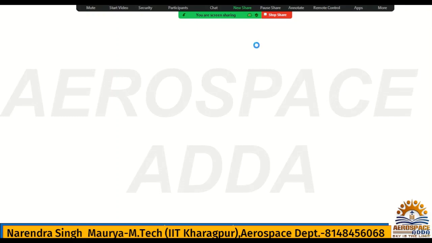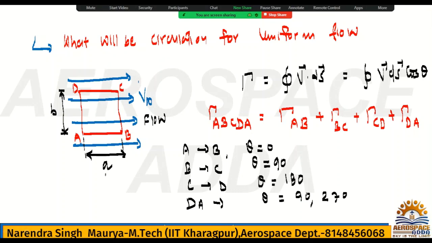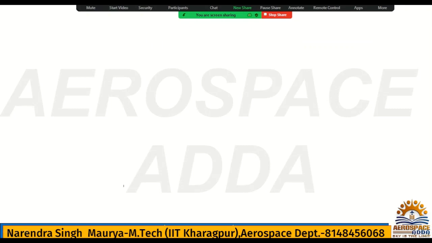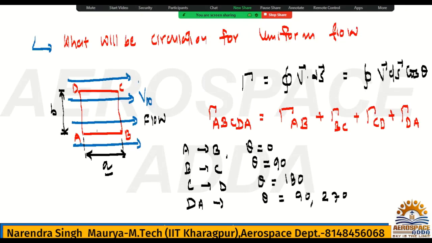What is ds? ds is the length of AB, which is A. So you write V infinity A cos 0. Cos 0 is 1, so it is nothing but V infinity A. The integration from A to B means you start here and end at this point, because those are the limits of the integration.